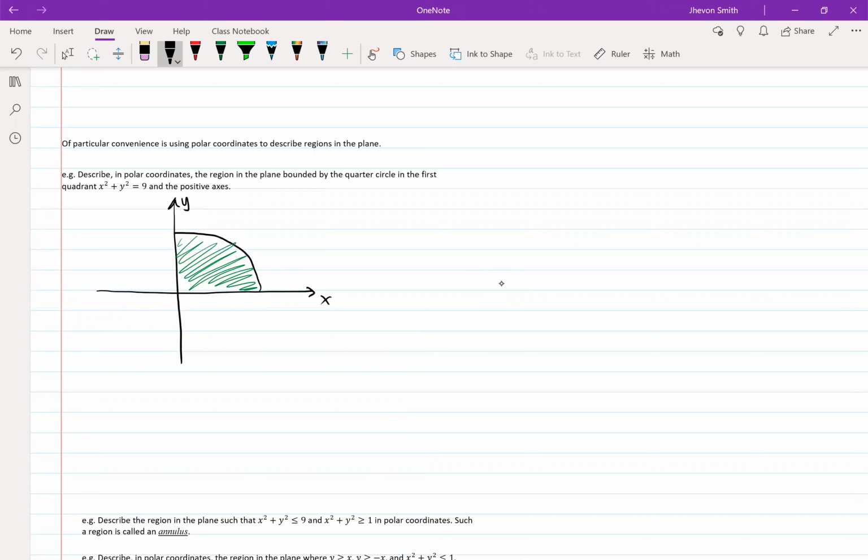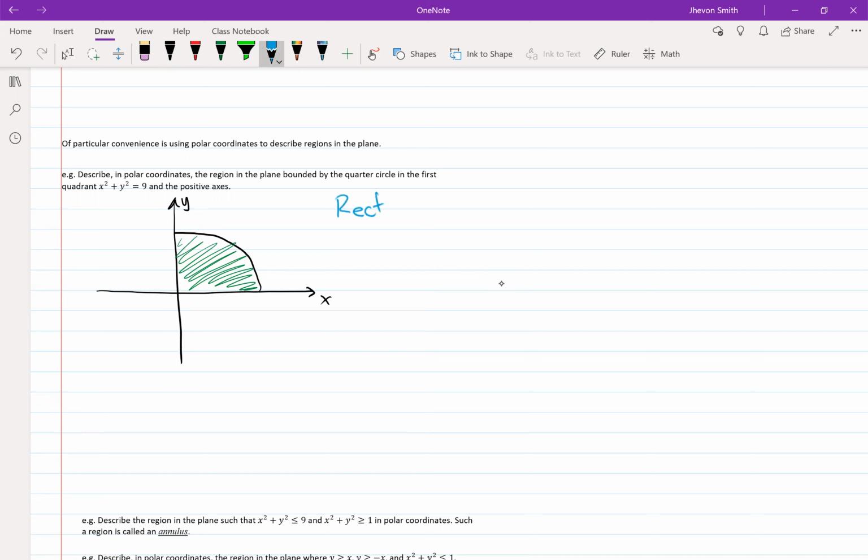Okay. Now, I could describe that in rectangular coordinates. It's bounded by the curve, the square root of 9 minus x squared, and x is greater than or equal to 0, y is greater than. So in rectangular coordinates, maybe that's nice for the comparison.